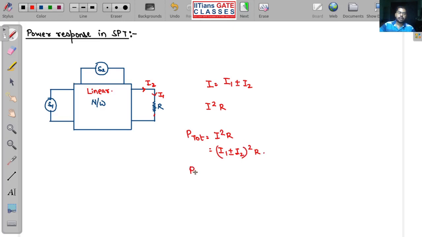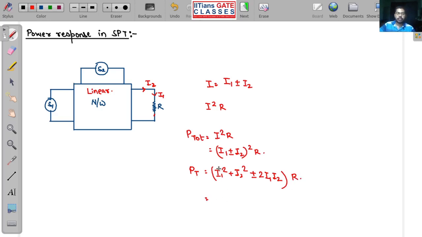So PT, I am denoting P total by PT, is equal to I1 square plus I2 square plus minus 2 I1 I2, into R. Okay, I can write it like this. So now what am I going to do?